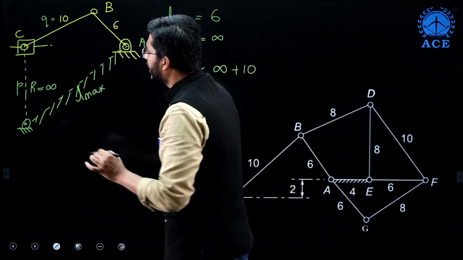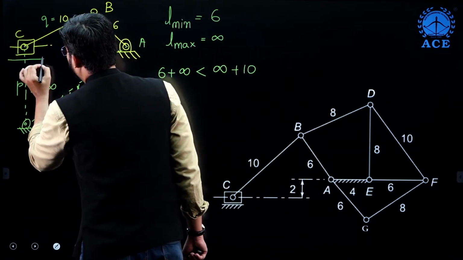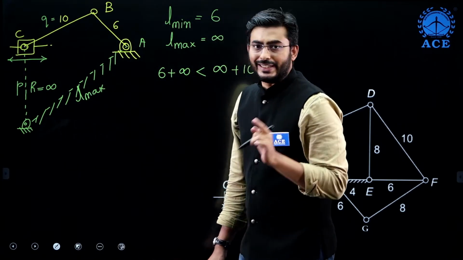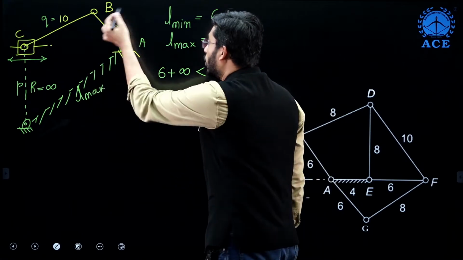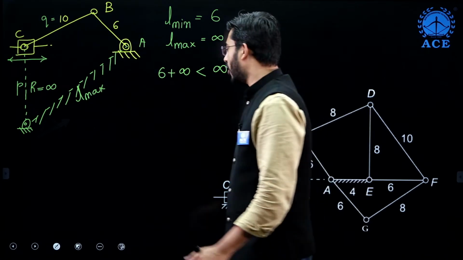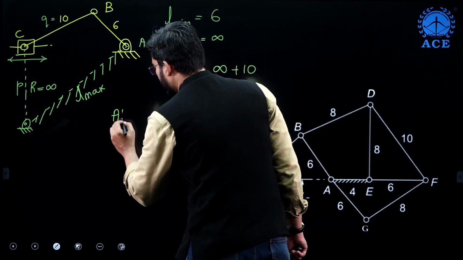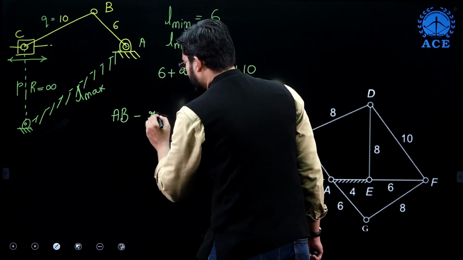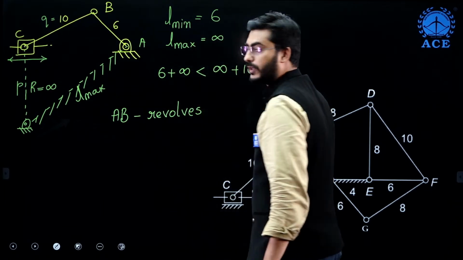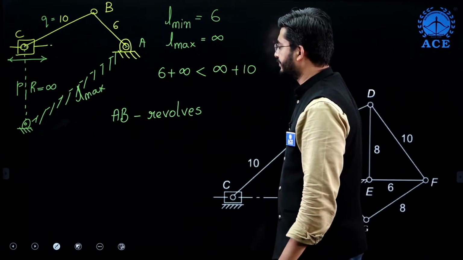So if we are giving the translatory input to slider C, AB is going to revolve.